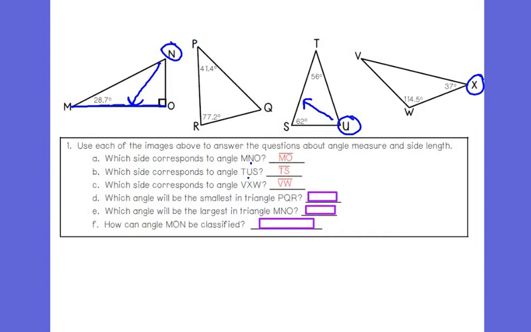Okay, D says which angle will be the smallest in triangle PQR. Okay, so I'm looking at this second one, but do I have the knowledge right now of all three angle measurements? No. I know right now P is an acute angle, R is acute, Q looks acute, but can I just answer it based on looks?